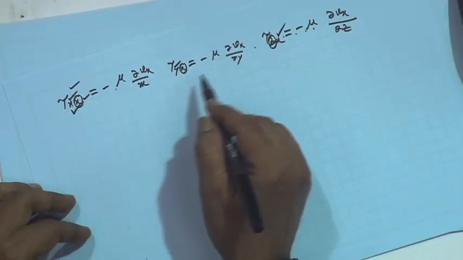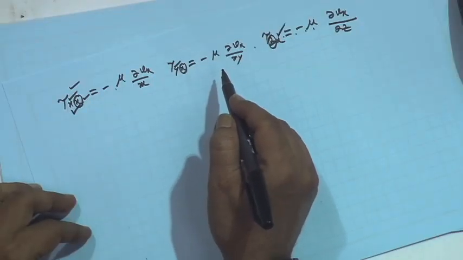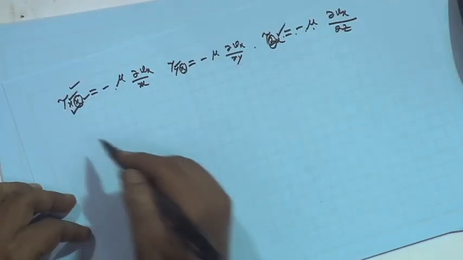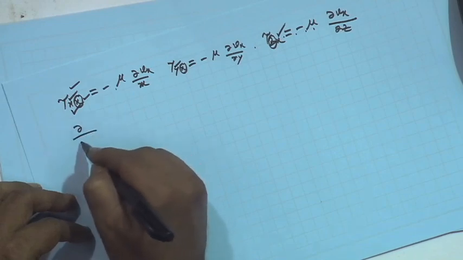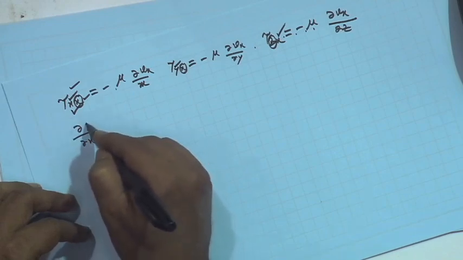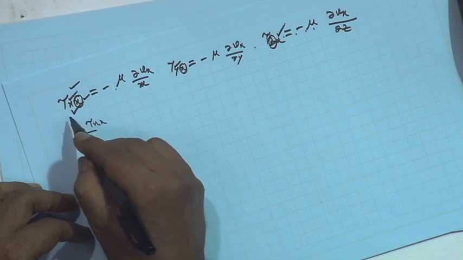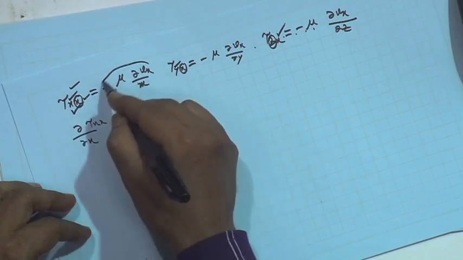We can write minus mu times this, therefore we can write del x of tau xx. Tau xx is defined as this.